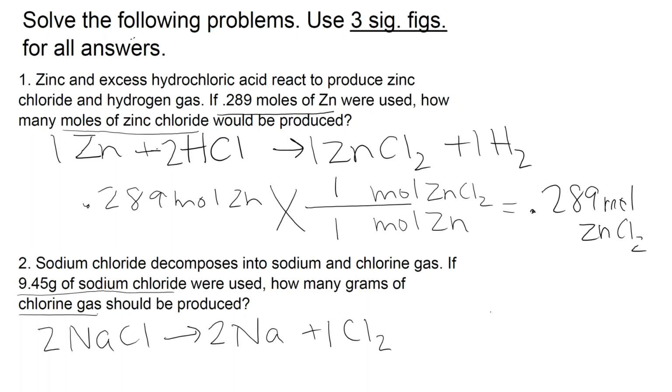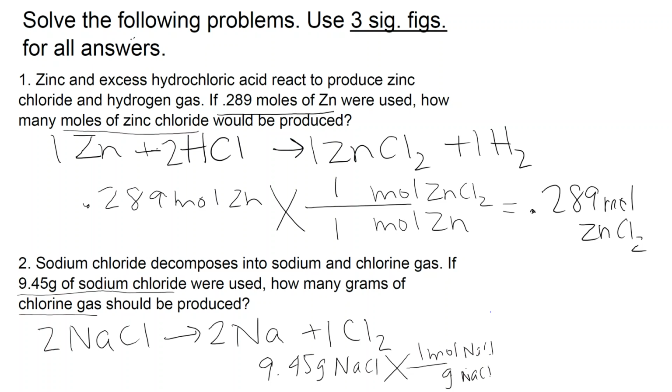So we start by putting our 9.45 grams out in front of the NaCl. First, we're going to multiply it times the molar mass on the bottom and 1 mole of NaCl on top.